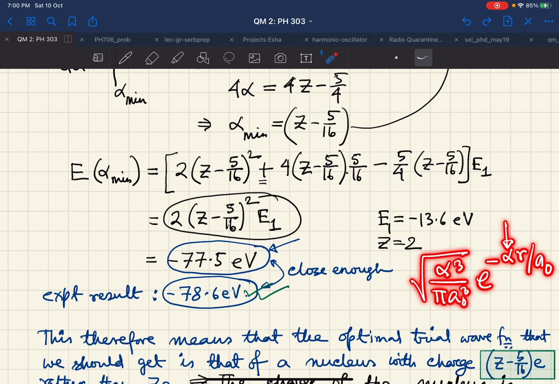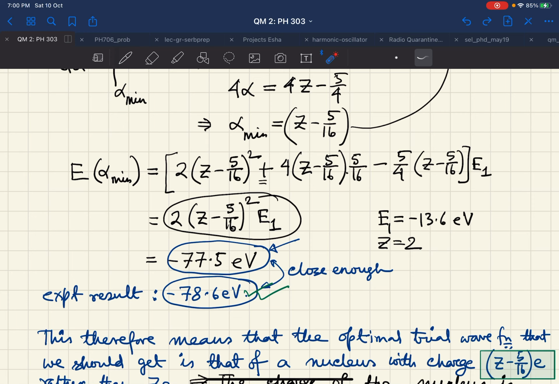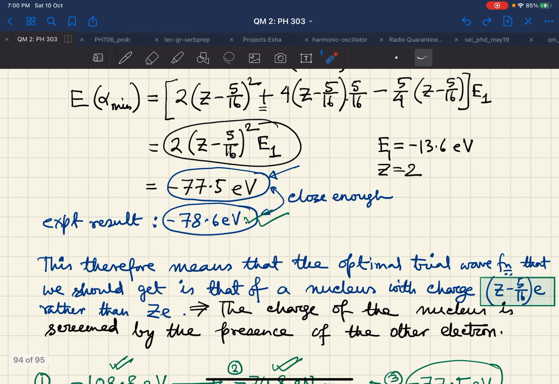Now with this expression of the optimal trial wave function, I can clearly see that it will be Z minus 5 by 16. That means this optimal trial wave function should be of a nucleus which has the charge Z minus 5 by 16 times the electron charge.